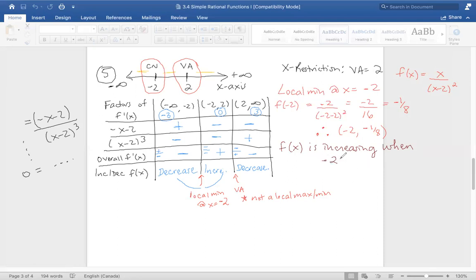So when x is between -2 and 2, and my original function is decreasing when x is less than -2, because we're not going to include these numbers, right? So when x is less than -2, and decreasing when x is greater than +2. Okay, so what I've just found is my local extrema.